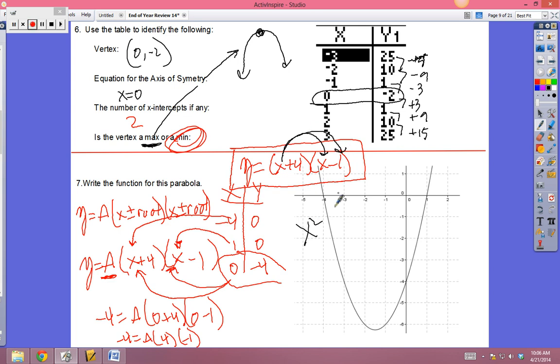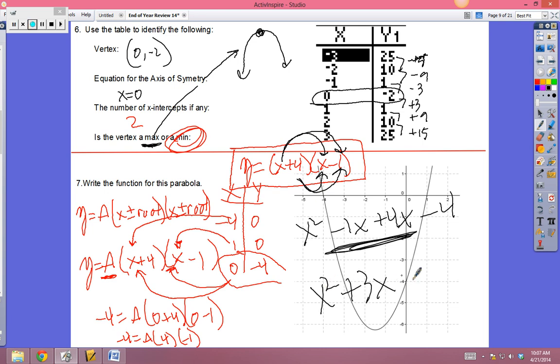X times a -1 is a -1x. 4 times x is a plus 4x. And 4 times a -1 is a -4. And then you can combine your like terms. So this is the exact same thing as x squared plus 3x minus 4. So these two are the exact same graph. One of them is factored and one of them is just standard form.